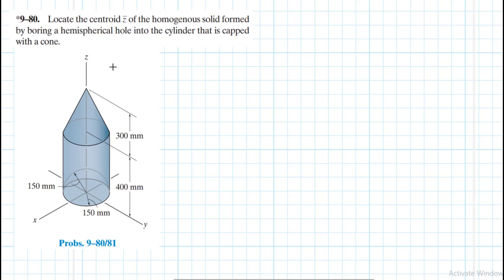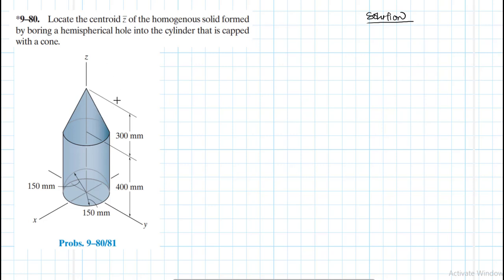The problem reads: locate the centroid Z bar over the homogeneous solid formed by boring a hemispherical hole into the cylinder that is capped with a cone. This problem is coming from the Engineering Mechanics Statics textbook, 13th edition by R.C. Hibbeler.